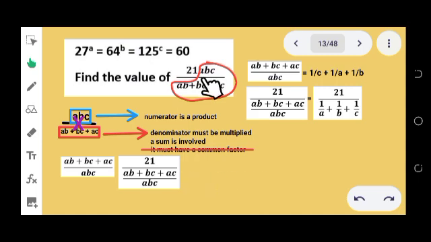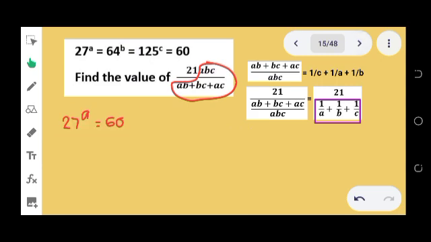Now to solve for this expression, we need now to solve for 1 over A plus 1 over B plus 1 over C. To do this, we equate each exponential expression to 60 separately. So we now have 27 to the A is equal to 60, 64 to the B is equal to 60, and finally 125 to the C is equal to 60. Now the variables that we wish to find here, which are A, B, and C, are exponents, so we change each equation into logarithms.